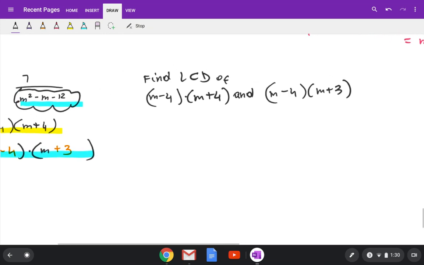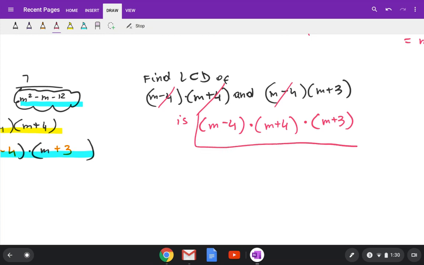Since all of those factors are unique, we're going to multiply them together. M minus 4 repeats, but we take it only once. Times m plus 4. And of course, you cannot leave out the remaining factor, so we have to multiply times m plus 3. So this is the LCD. That's the solution.